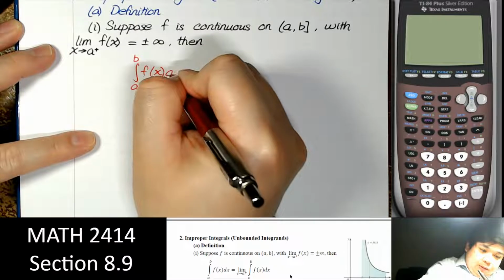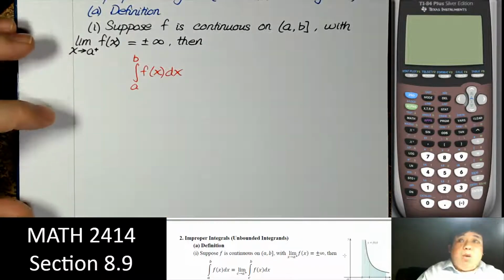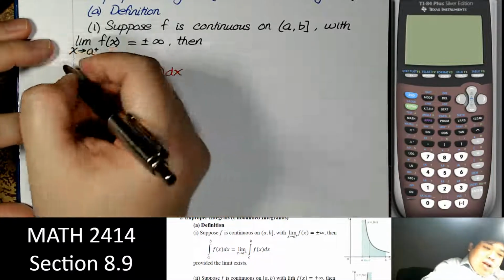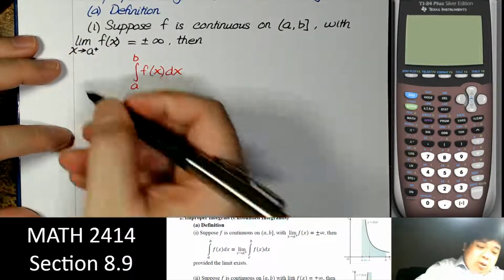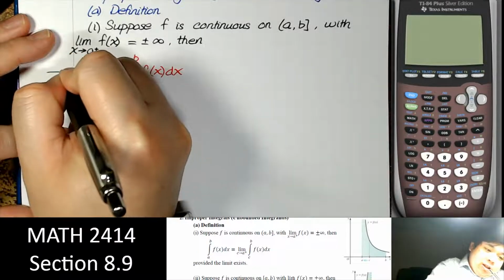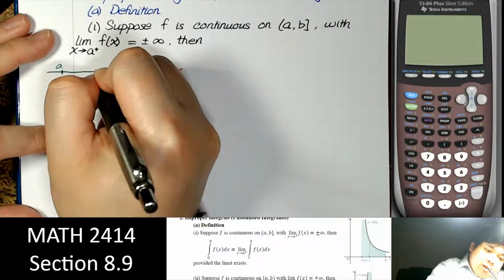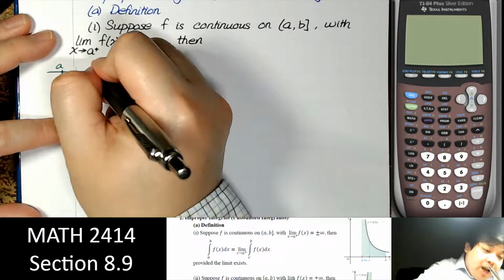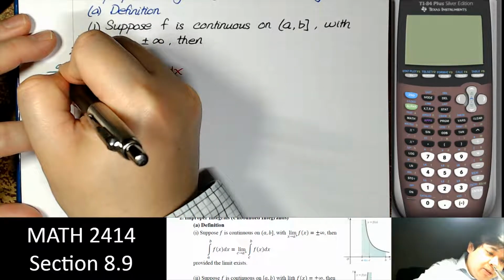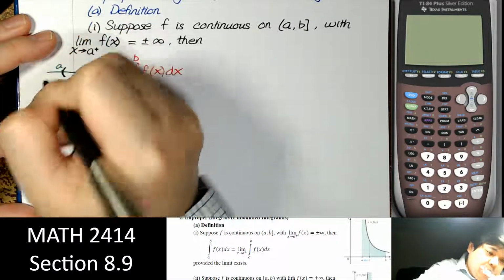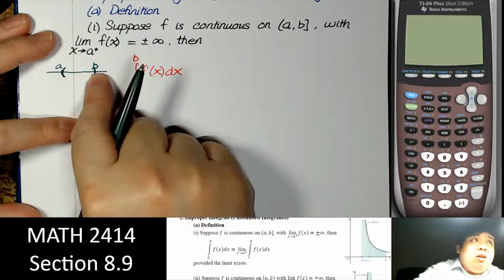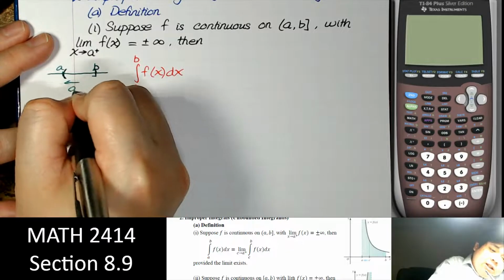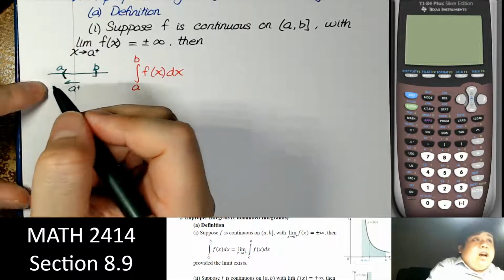Right, now if there's a problem at A, replace that with the limit. So think about this. If we go from A to B, and there's a problem at A, B is fine, but the problem is A, meaning that on the right side of A, it is okay. Don't care about what happened on the left.